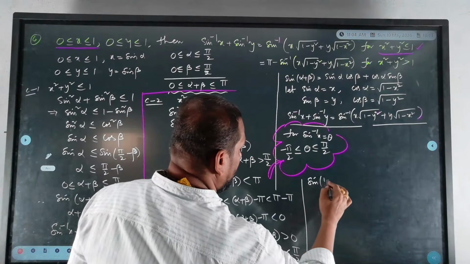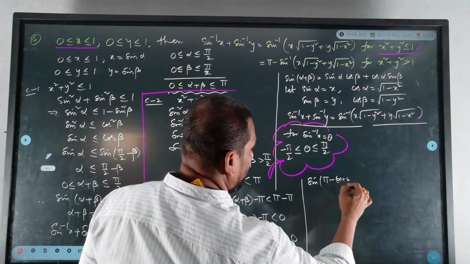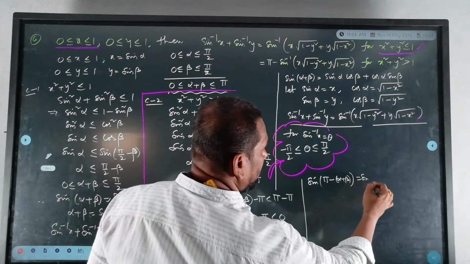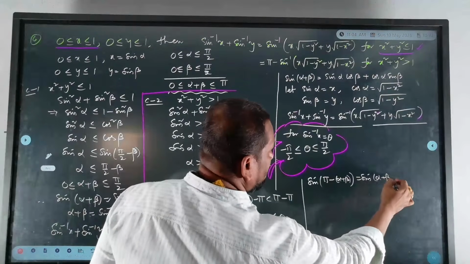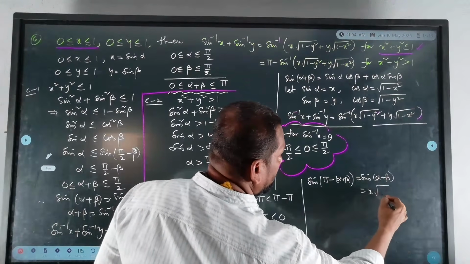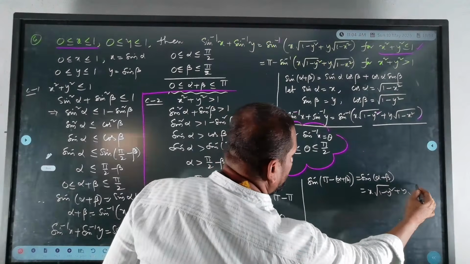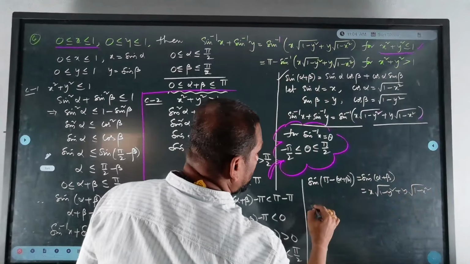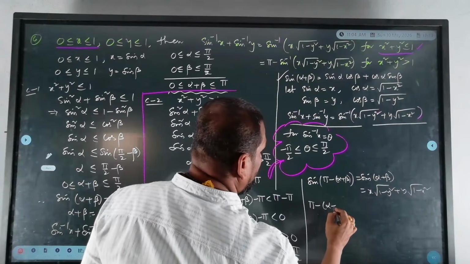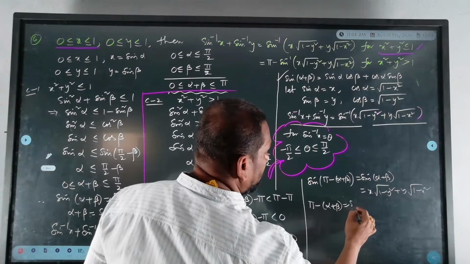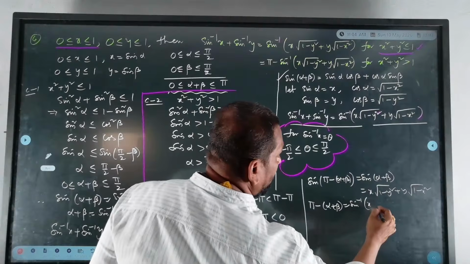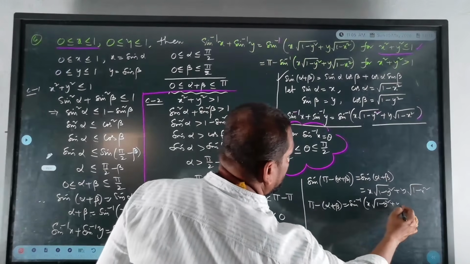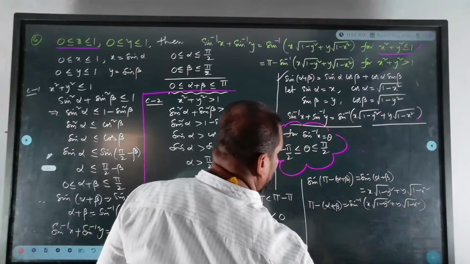Sine of pi minus (alpha plus beta) is equal to sine of (alpha plus beta), that is equal to x root 1 minus y square plus y root 1 minus x square as per the formula. So pi minus (alpha plus beta) is equal to sine inverse of x root 1 minus y square plus y root 1 minus x square.